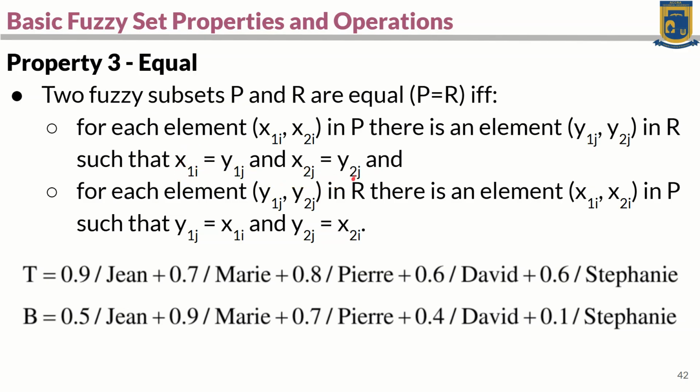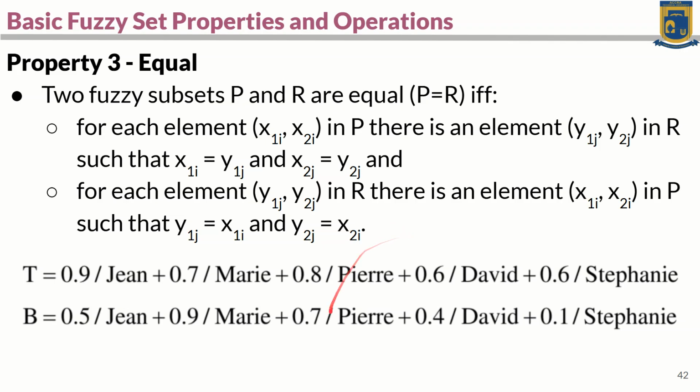If you look at how they are equating, this is the member, this is the member. So if the member is equal to the member, and the degree of membership of X is equal to the degree of membership of Y, that means they are equal.